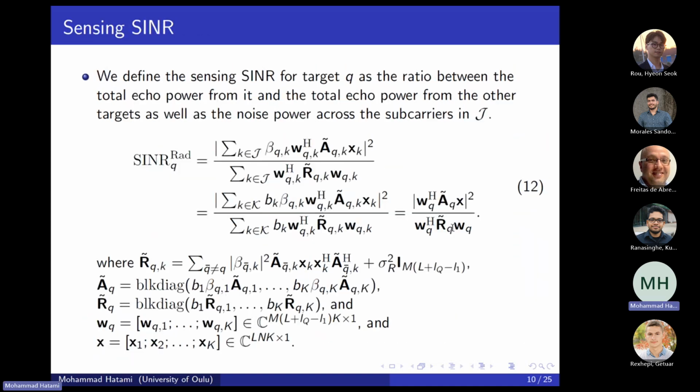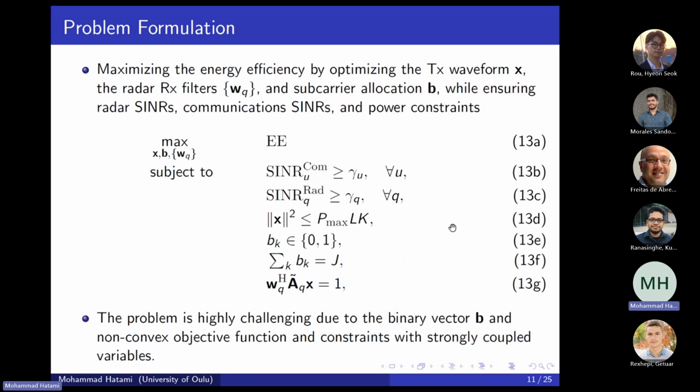Having defined the SINR for both communications and sensing, now we can define our problem formulation, which is maximizing the energy efficiency by optimizing the TX waveform X, the radar RX filters for each target, W_Q, and subcarrier allocation vector B. And we also need to ensure that we satisfy the radar SINRs to guarantee the communication for each user.